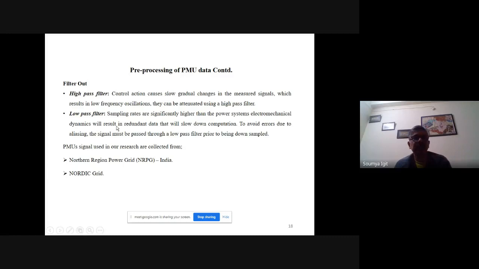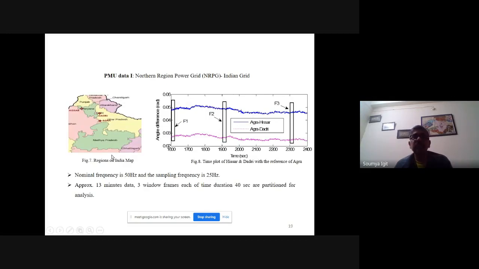This is obvious. So you are taking two PMU signals. One is from the NRPG, that is the northern grid, and the Nordic grid as well, with respect to different frames of reference, that is Agra Hisar and Agra Dadri. Suppose the PMU gives 60 frames per second. Let us take 3 frames and visualize all the relevant data for the subsequent analysis.